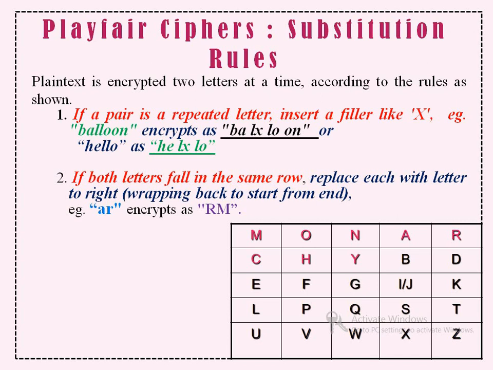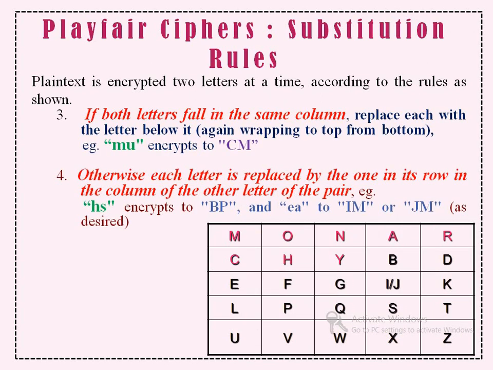The third rule was with respect to columns. If they appear in the same column, the same thing applies: it will go downward and we replace by the next letter in the same column. And even if it is a wraparound condition, we go ahead with the wraparound as well.